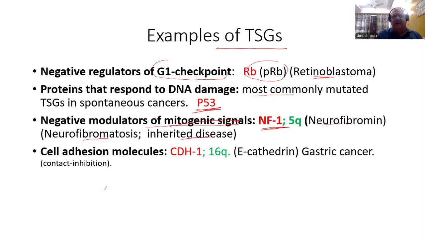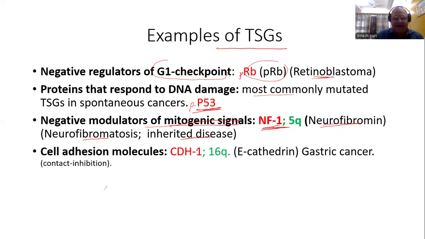It encodes for a protein called neurofibromin. Much the same way, P53 codes for protein P53, ये code करता है pRB. तो neurofibromin is the protein, और इसके gene का कुछ नाम है which I am not saying for the sake of simplicity. Actually, I have forgotten also.